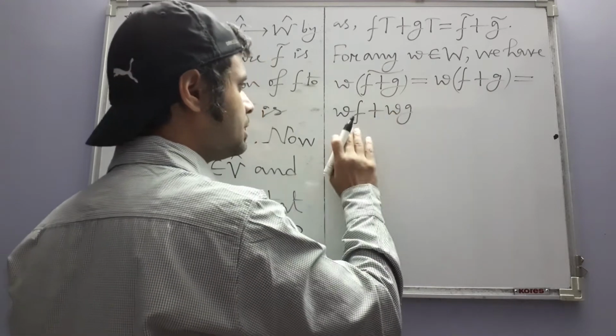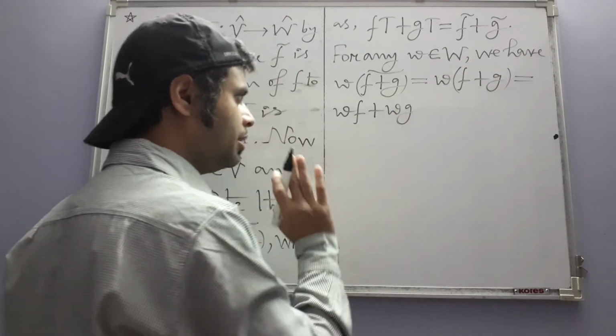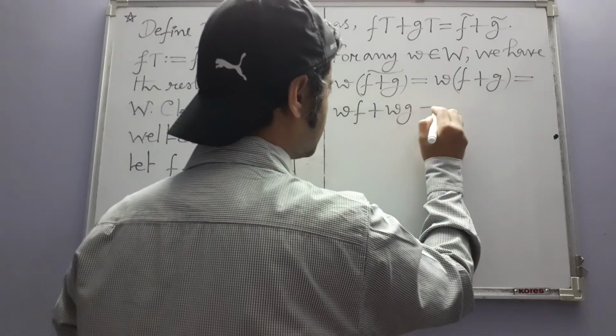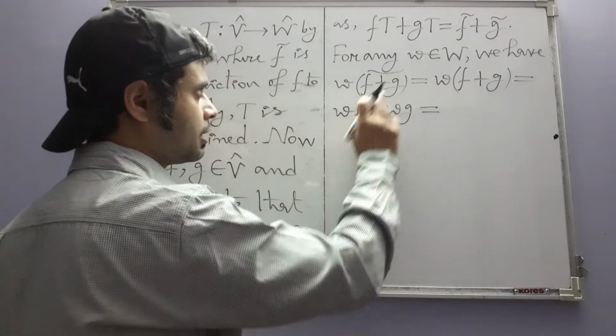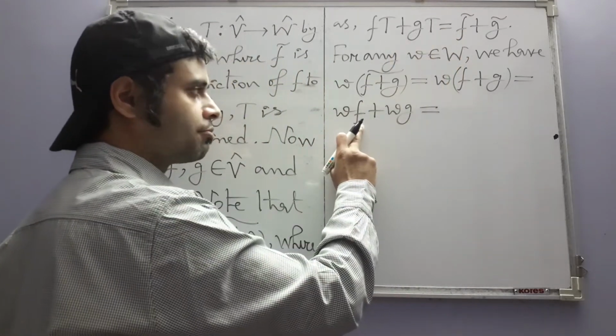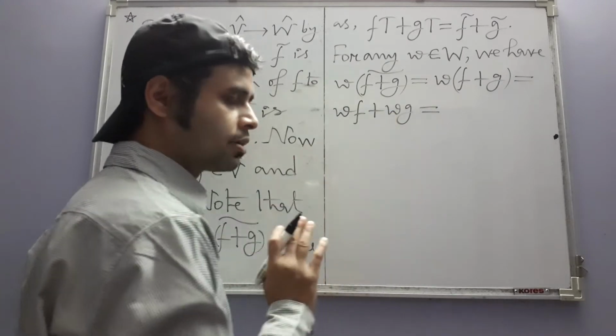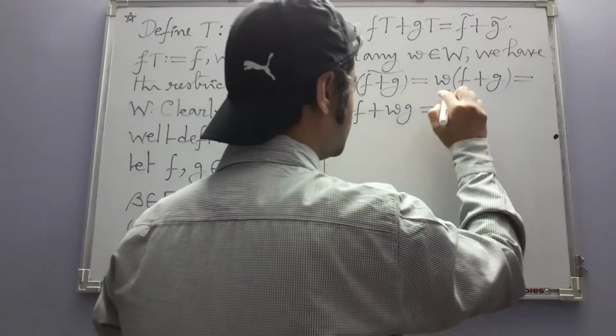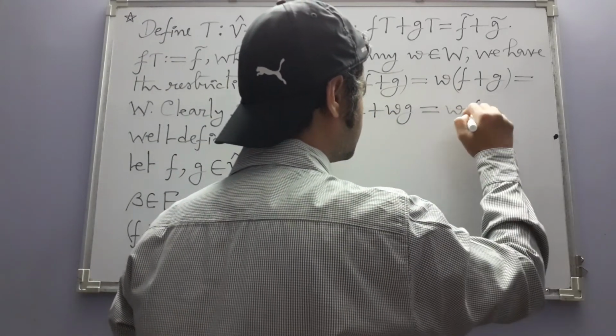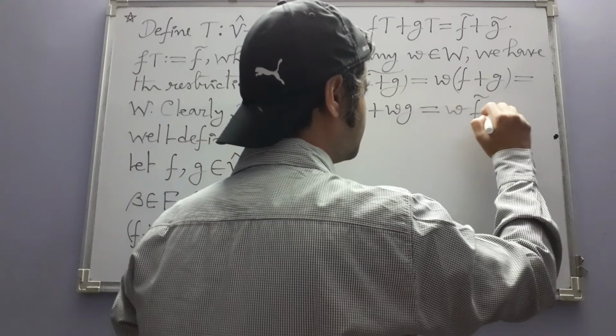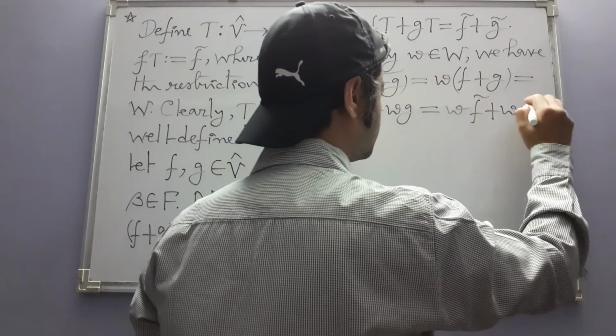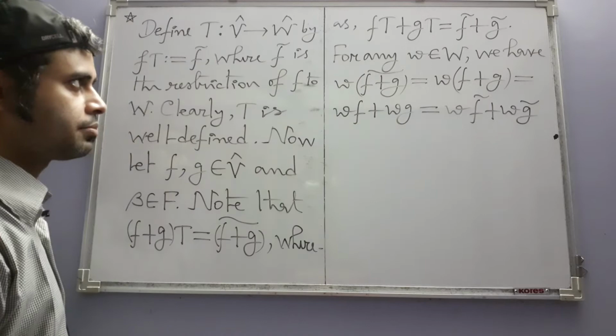In fact, this is what this symbol means. Again, using the fact that F tilde is the restriction of F on W and G tilde is the restriction of G on W, these two things can now be written like this: F tilde of w plus G tilde of w.